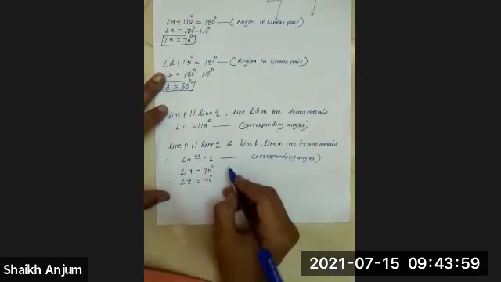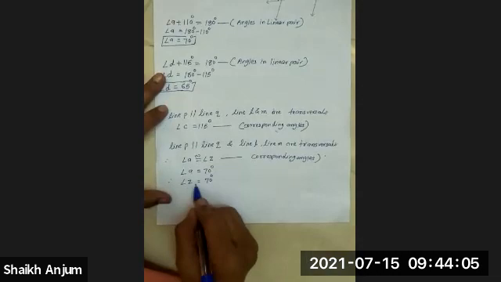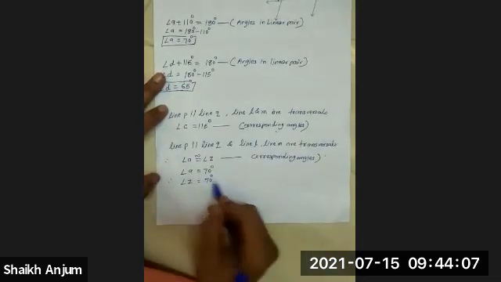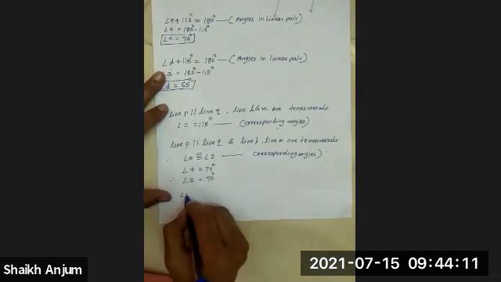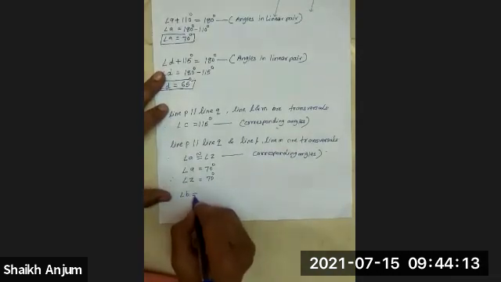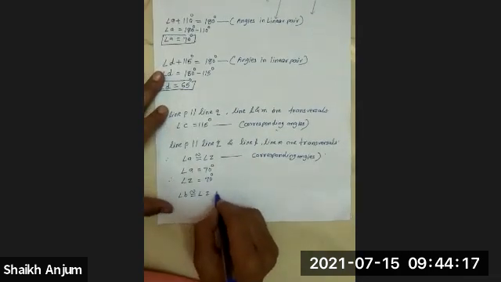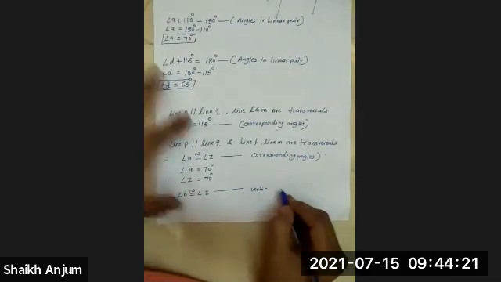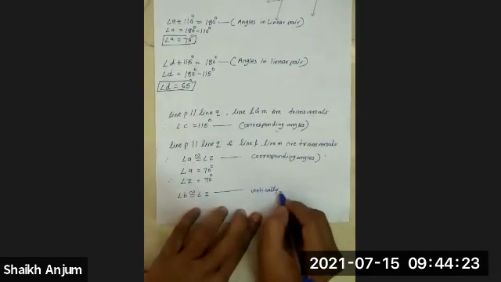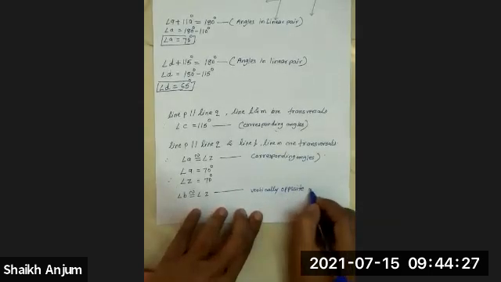Here I will write, suppose, Z equal to 70 degree. Now, angle B is congruent with angle Z because they are vertically opposite angles.